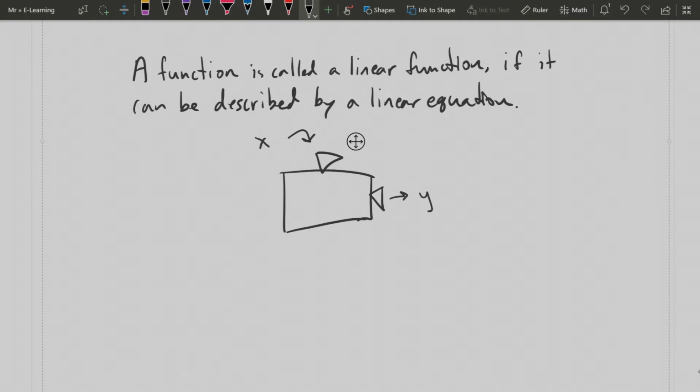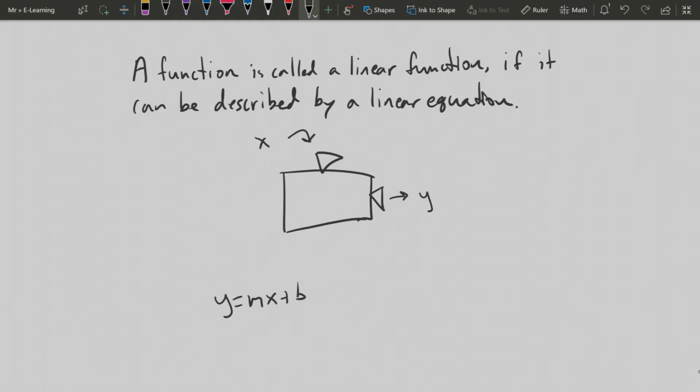For a function to be described by a linear equation, all that means is that if the rule which these inputs follow is a linear equation, then you have a linear function.